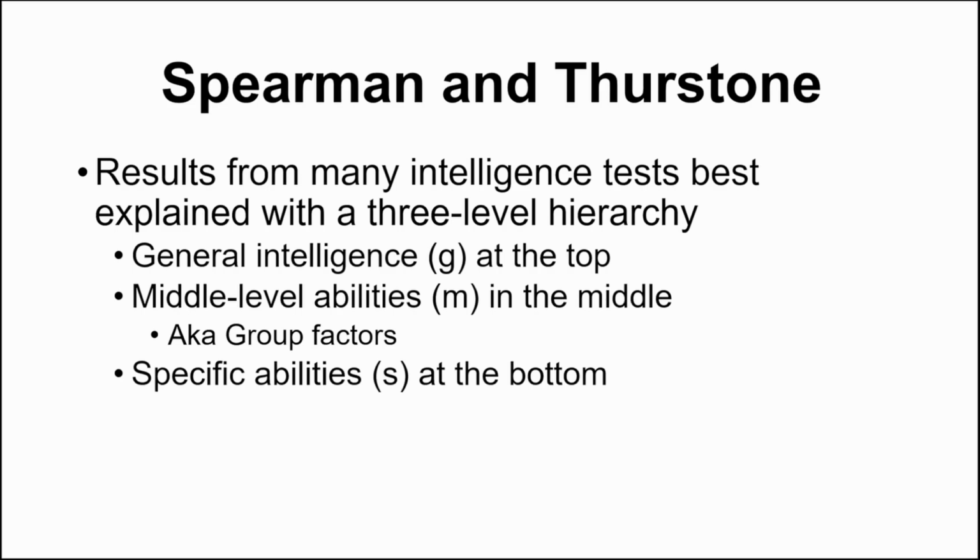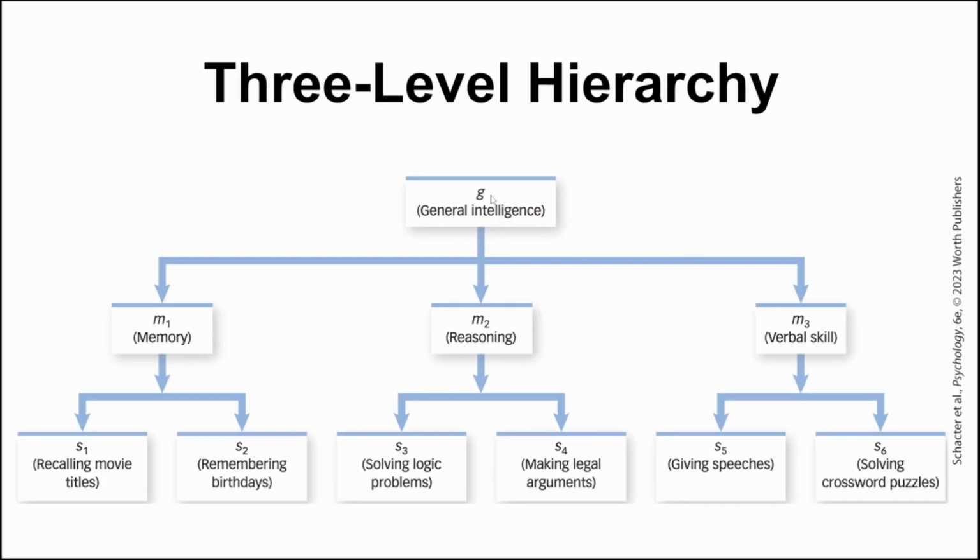Those are the same as what Thurstone had called his primary mental abilities, those clusters where we see that tasks that have similar properties, things like memory or logic or verbal stuff, all cluster nicely. So those primary mental abilities are now our middle level abilities. And then of course the specific abilities at the bottom. And that would look something like this, where you're going to see that similar figure we already had, but now with this M level in the middle. This was the figure I had modified to show us earlier.